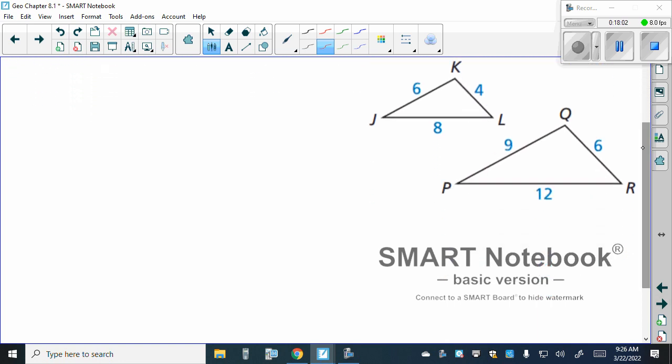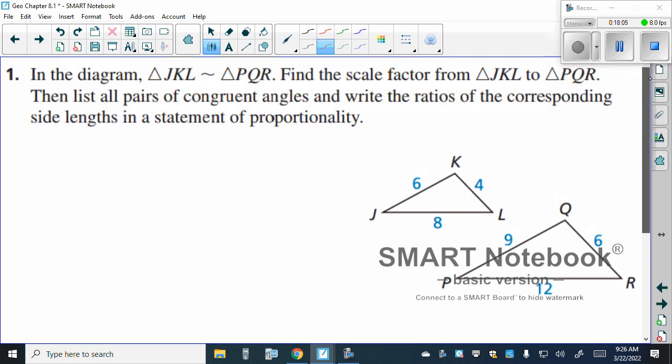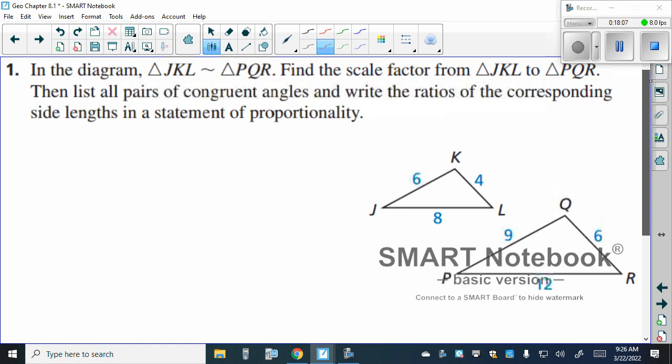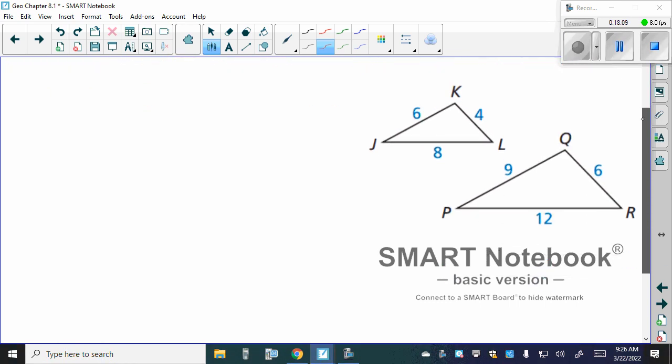So again, we're doing the exact same thing with these here, and they tell us that JKL is similar to PQR. JKL, PQR. Well, that tells us that angle J and angle P are the same. Angle K and angle Q, and R and L. They're going to match up like this here.